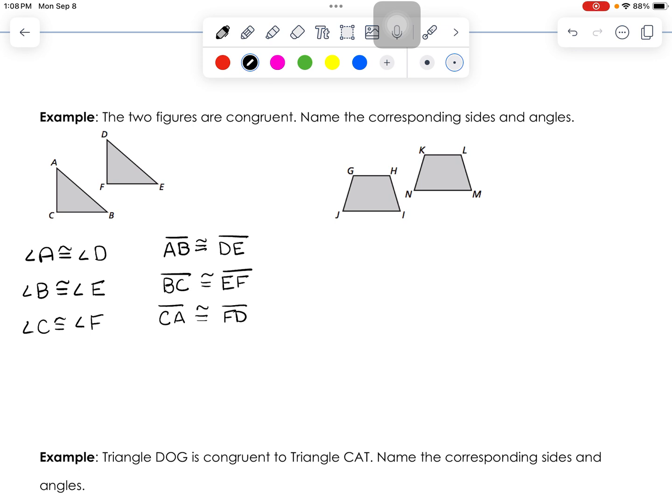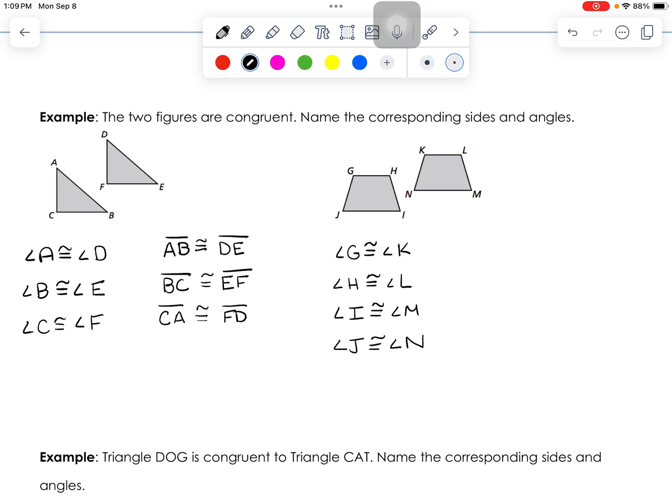All right, same thing here with this quadrilateral. If I was going to compare angles, I could see angle G is congruent to angle K. Angle H is congruent to angle L. Angle I is congruent to angle M. Angle J is congruent to angle N. Comparing sides, we're going to do the same thing going around the shape.